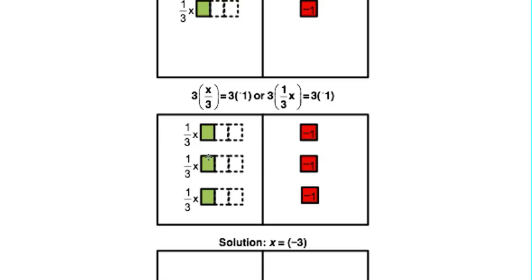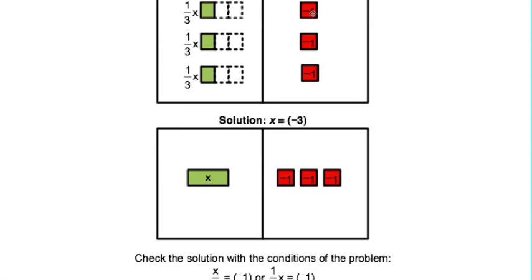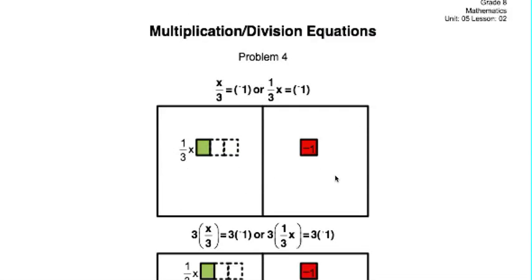Well, if we add all of the 1/3 x's up, 1/3 x plus 1/3 x plus 1/3 x, we get 1x. And if we add everything on the right-hand side, negative 1 plus negative 1 plus negative 1, we get negative 3. X is equal to negative 3. Well, if we take negative 3 divided by 3, we do in fact get negative 1.